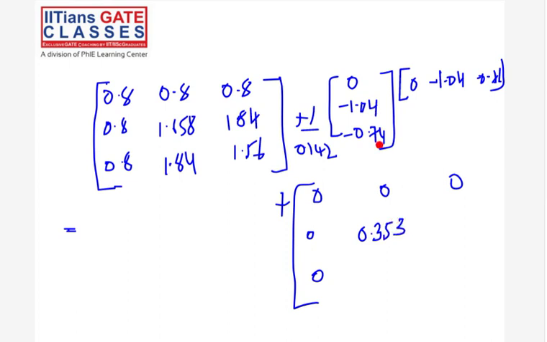This was 0.76. Right. So again, this is 0.76 into 0.04 divided by 3.056.